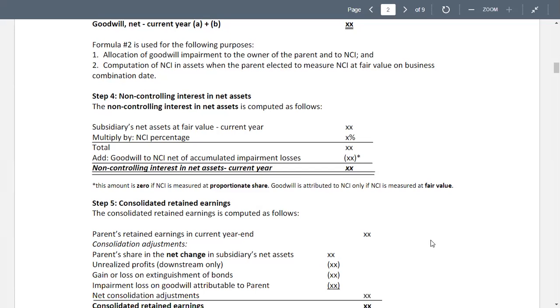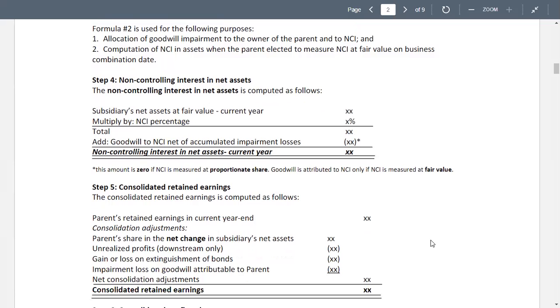Usually, you have your sales of inventories between the parent and the subsidiary. You may involve downstream or upstream sales. So we have now the net consolidation adjustments, and we have the consolidated retained earnings. Now, this is the retained earnings at the end of the year.